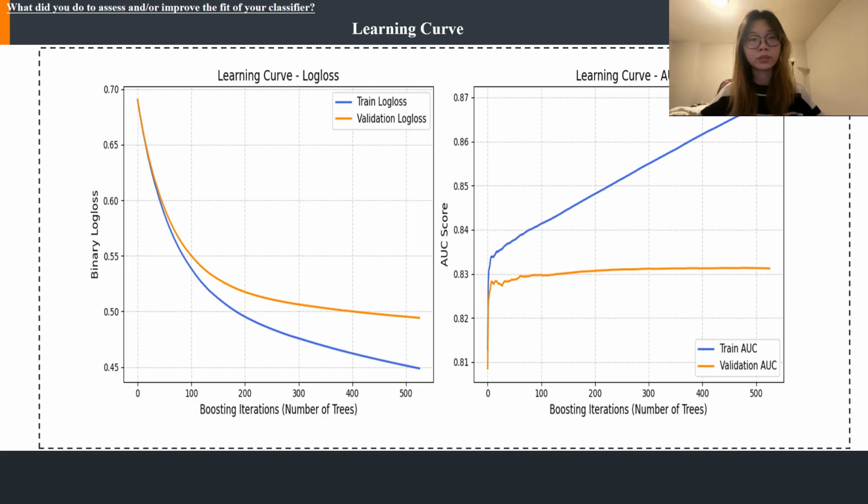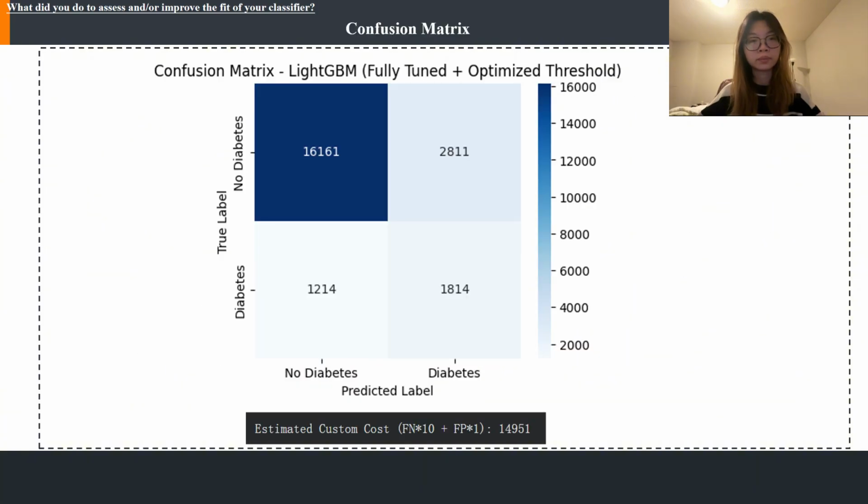The right chart reveals that validation AUC plateaus at approximately 0.834 after 300 iterations, while training AUC continues to rise marginally, a clear sign that further training would only benefit the training set without improved generalization. This validates our early stopping decision, as the model achieves optimal performance precisely when validation metrics peak.